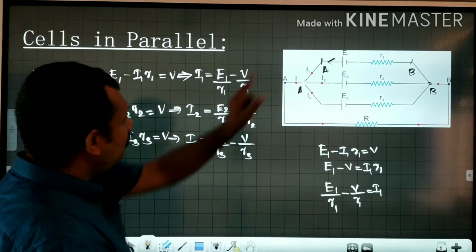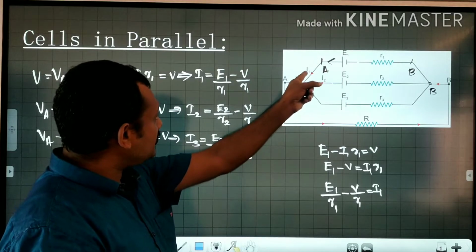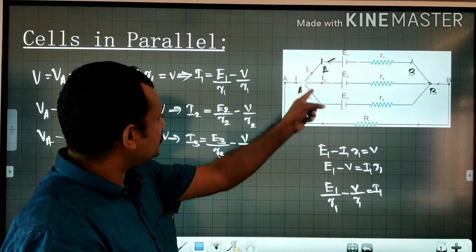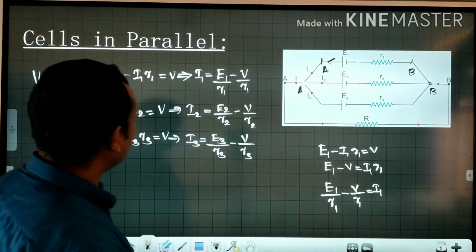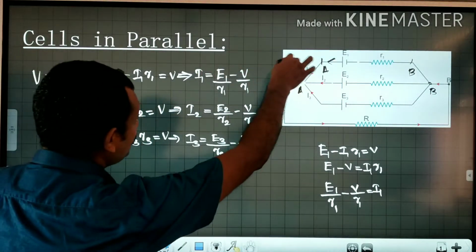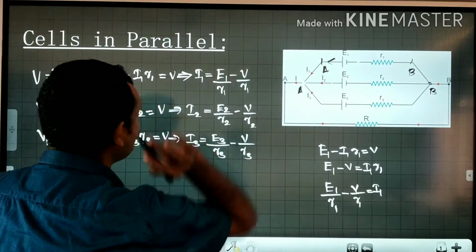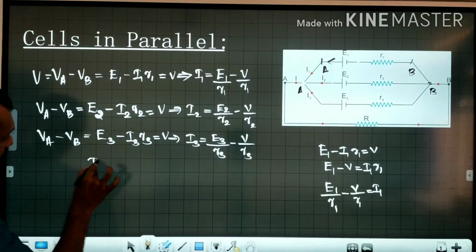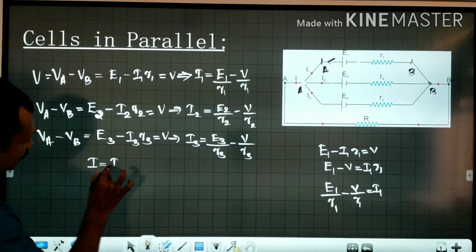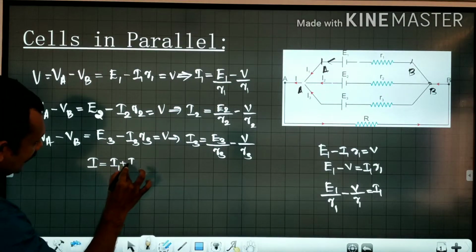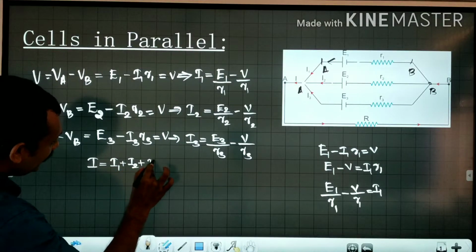The current coming from this branch is I1, from this branch I2, and from this branch I3. From the conservation of charge, the total current I will be equal to I1 plus I2 plus I3.